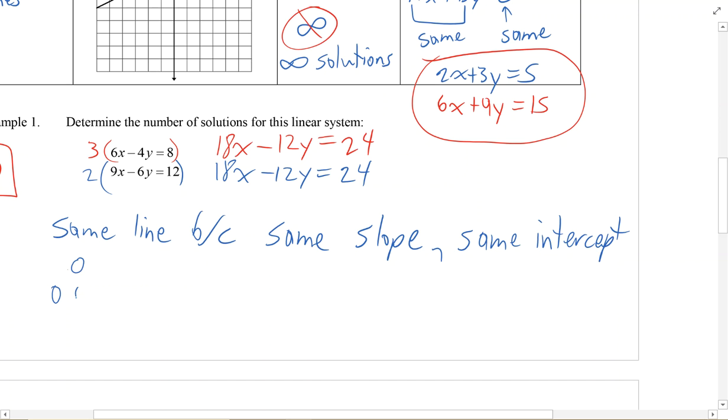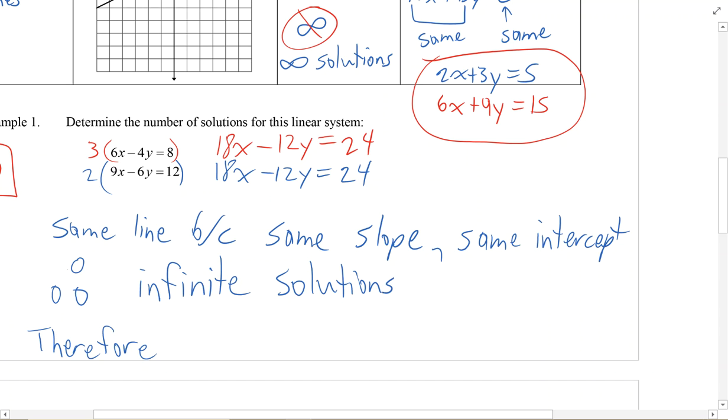Therefore, okay, you can write the word therefore or use the shorthand symbol. Therefore, infinite solutions. Okay, so same slope, same intercept, infinite solutions.